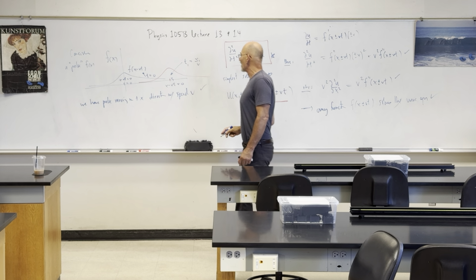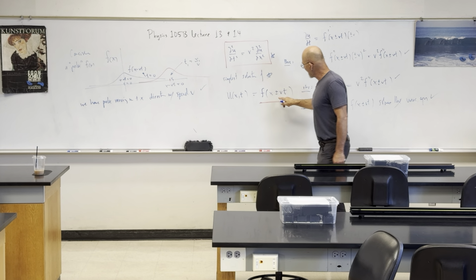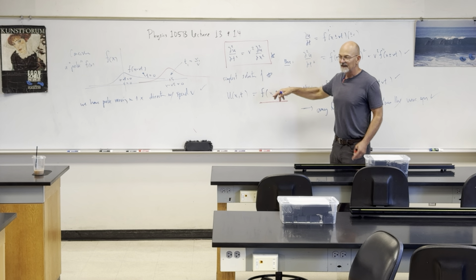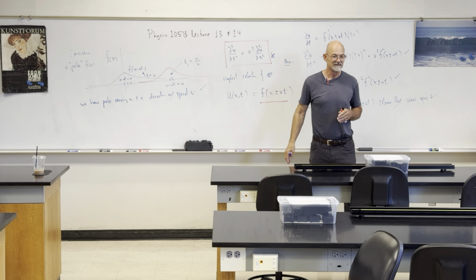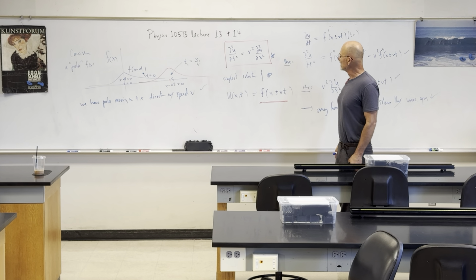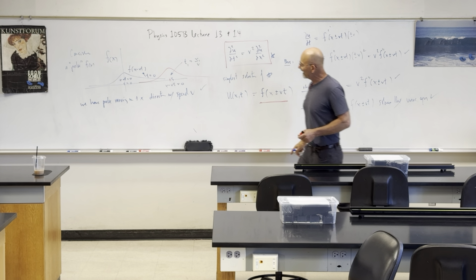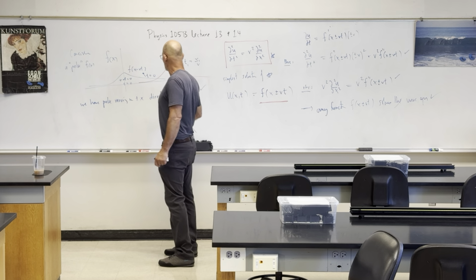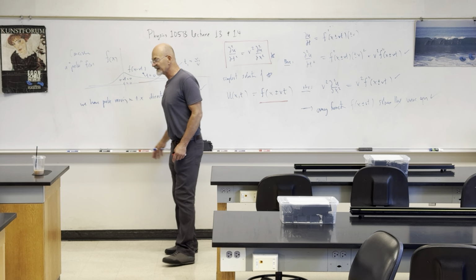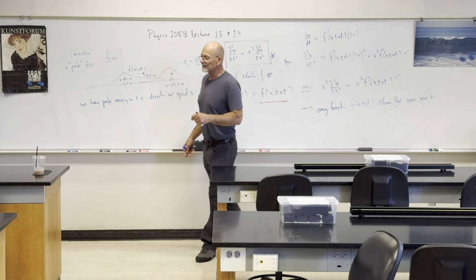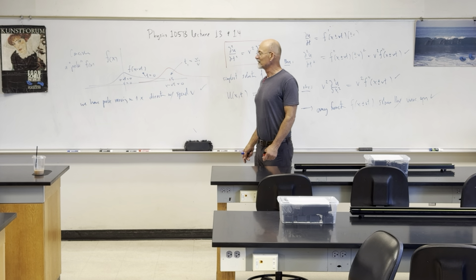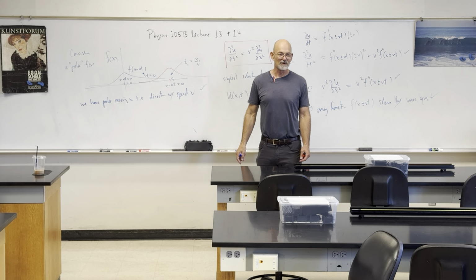So now, if we did x plus vt, it would be moving to the left. And that's the really basic meaning of the wave equation. It describes something that propagates. This could be a stadium wave, I'm told.